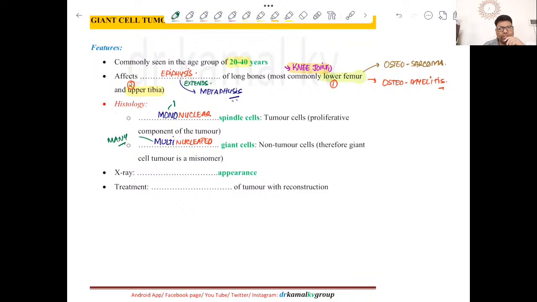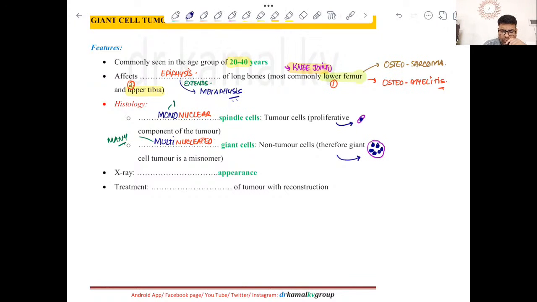So there are two types of cells. If I draw, this is a cell in which there is one nucleus, so this is mononuclear. On the other hand, there are some other cells which are pretty big and they have multiple nuclei. So these are the multinucleated giant cells.